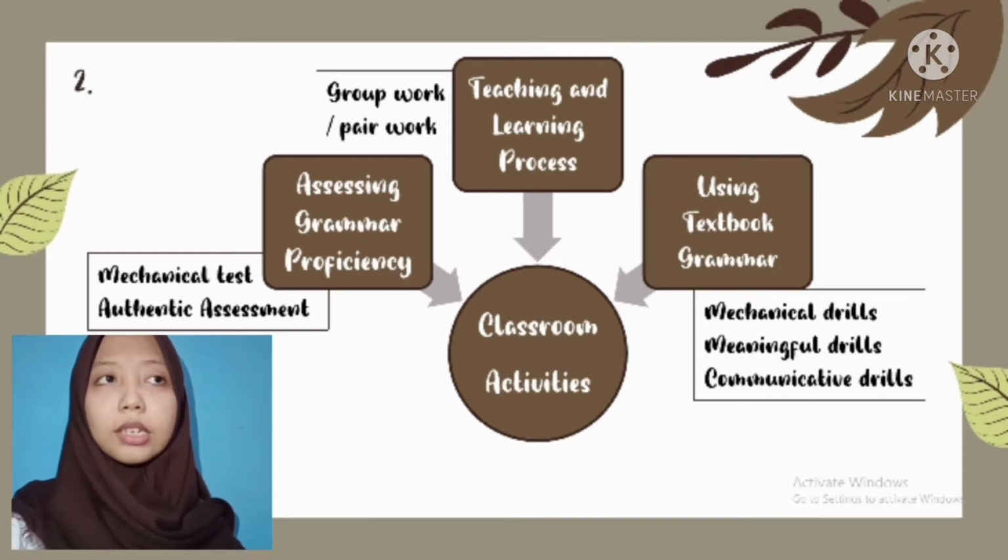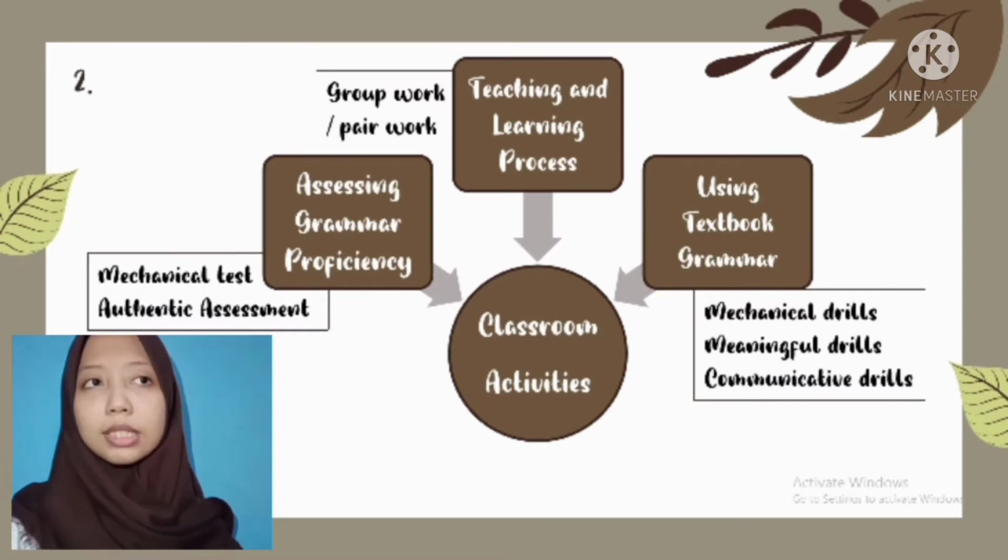Next, we have assessing grammar proficiency by using mechanical tests and authentic assessment. A mechanical test usually serves one purpose, which is to motivate students to memorize, because the test is only about memory capacity and not language ability.